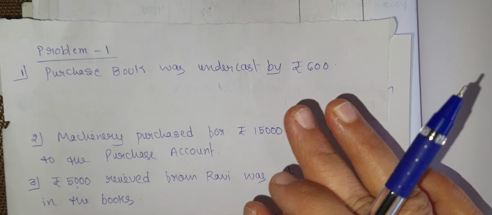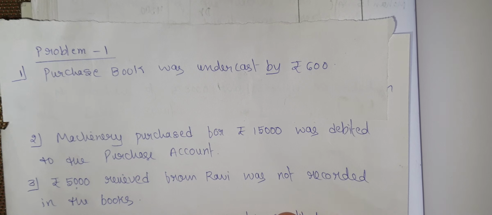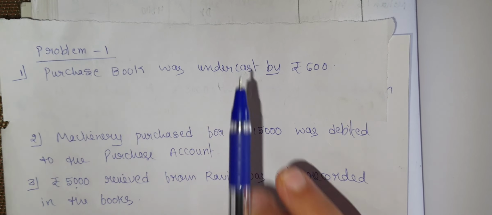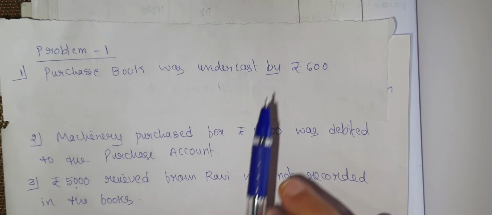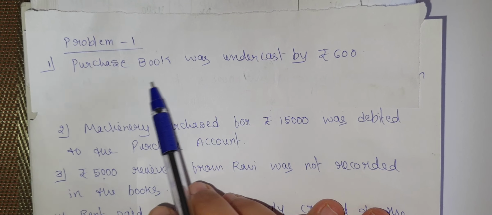Only in the case of overcast. Means in the overcast, we need to cancel that extra amount. We have to credit the purchase account. Okay? Means if it is debited, we need to credit. Credited, we need to debit. But here in the case of undercast, we have to write on the same side and we need to credit the suspense account.